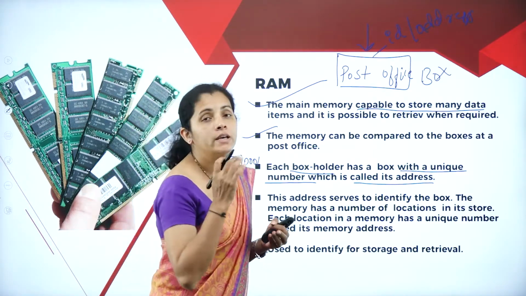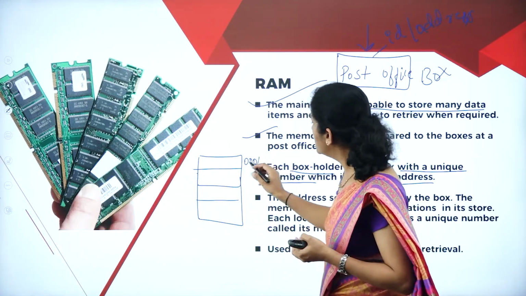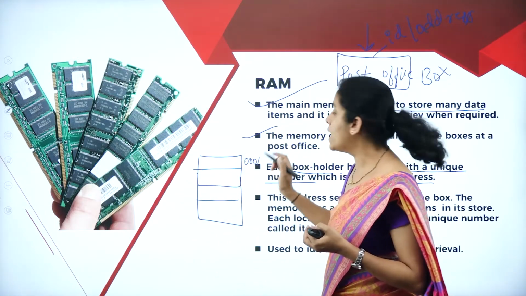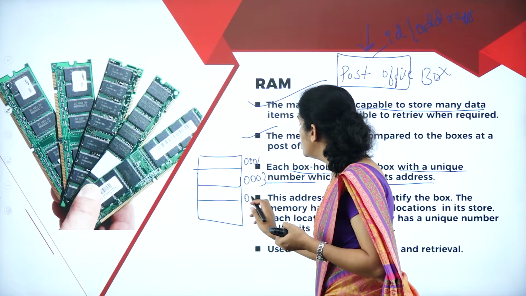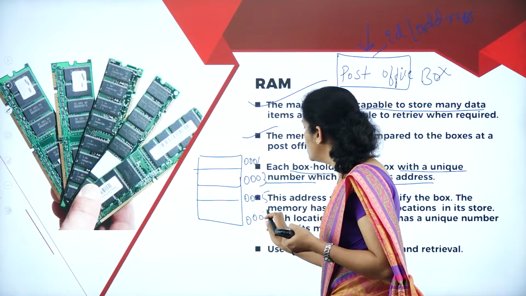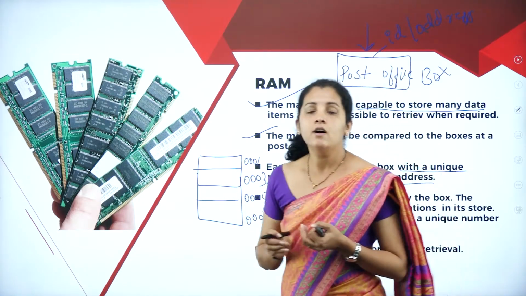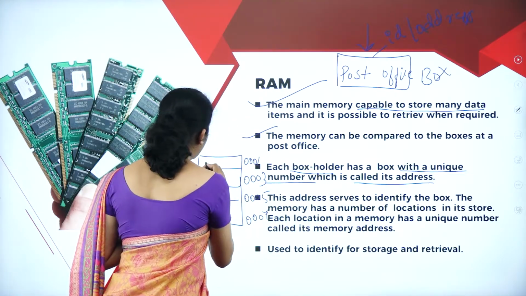So here the address is of type 2 bytes. It starts from 0001, then 0003, then 0005, then 0007. And all the data are stored under random access memory.